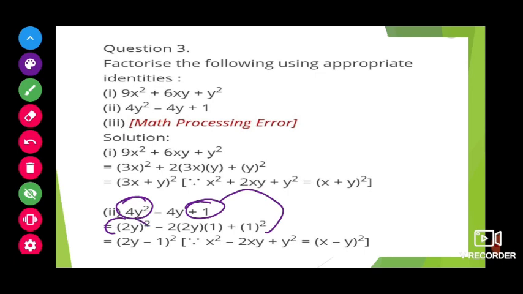Now I converted the first as the square of something, and the last one also as the square of something. So in the middle we want 2ab or 2xy. So 2 into a is 2y, b is 1. So 2 into 2y into 1, and minus as it is. Now it is in the form a square minus 2ab plus b square. So we can write in the place of that a minus b whole square, that is 2y minus 1 whole square. Next one.